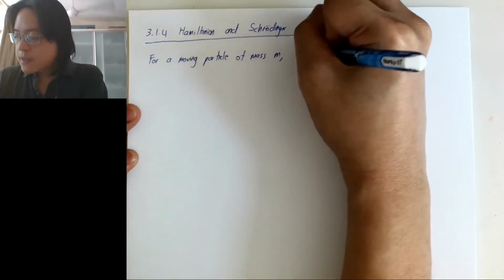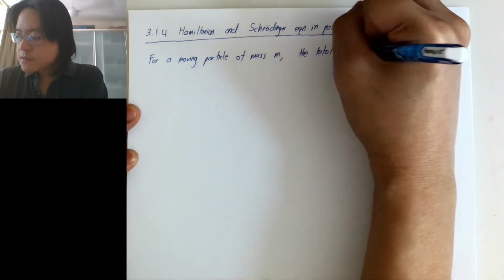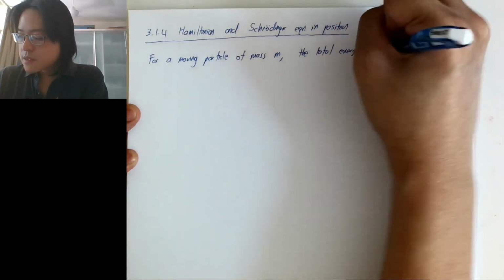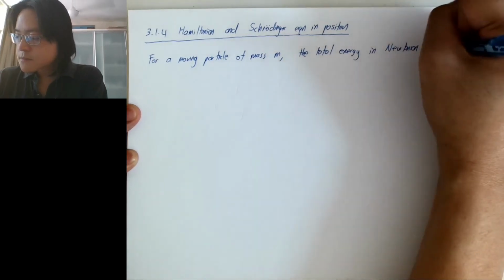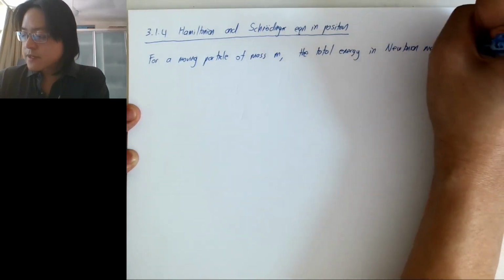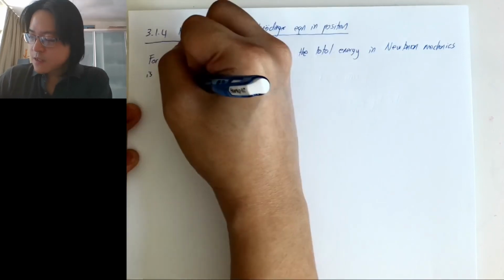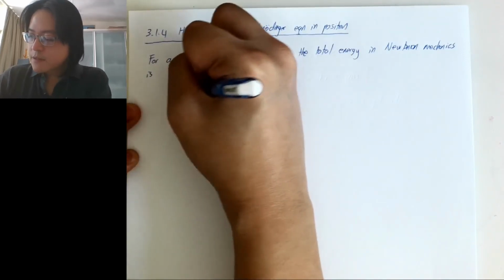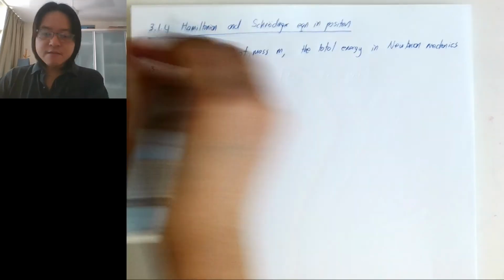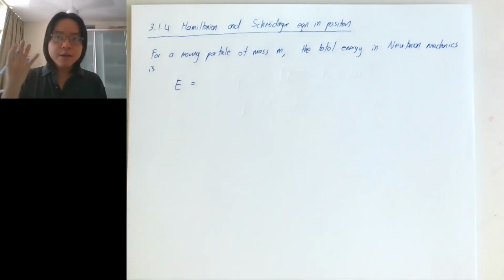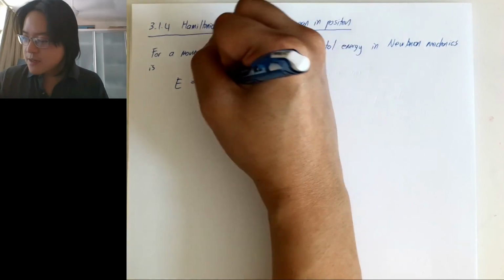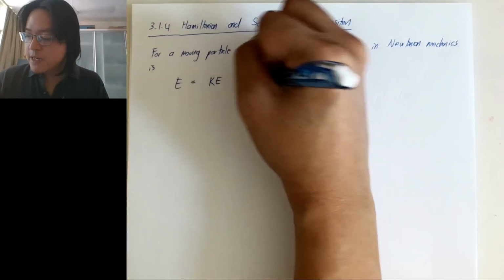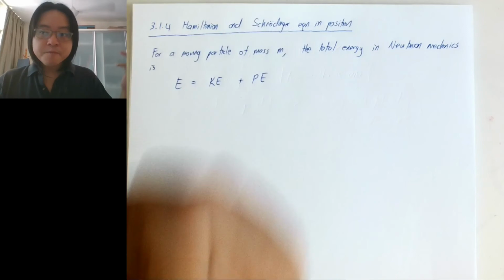The total energy in Newtonian mechanics is the E, right? This is not even year 1 mechanics, even high school. When you are still in high school, the energy of a system is kinetic energy plus potential energy, am I right?